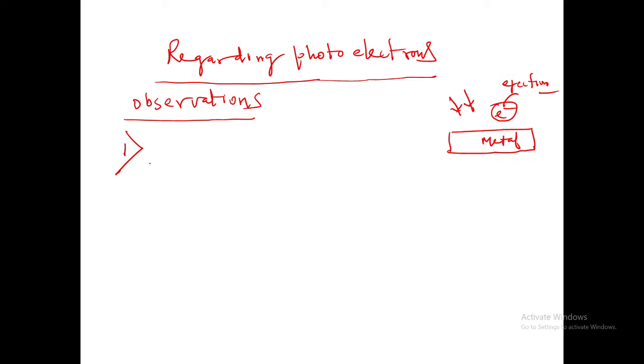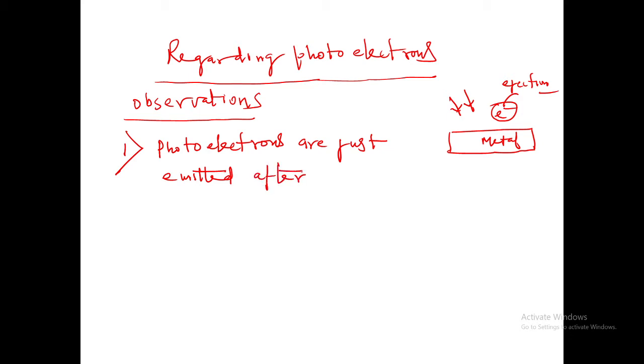So photoelectrons are emitted just after the incidence of the light beam.